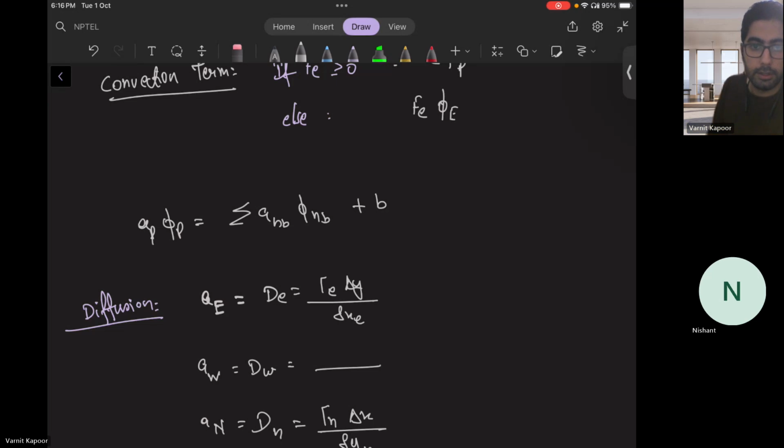Now you want to solve for convection diffusion equation.